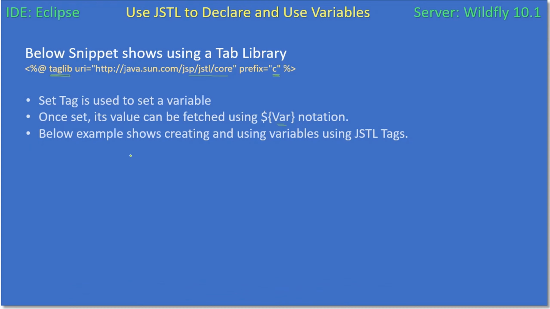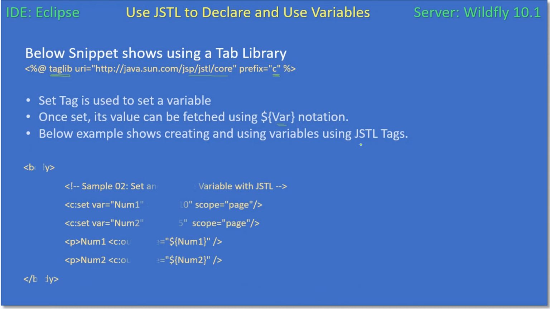So the below example shows creating and using variables using JSTL tag. And if you see here, this is the tag we will use. Set is the tag, and the prefix, we already stated that we are going to use tags from JSP JSTL core.